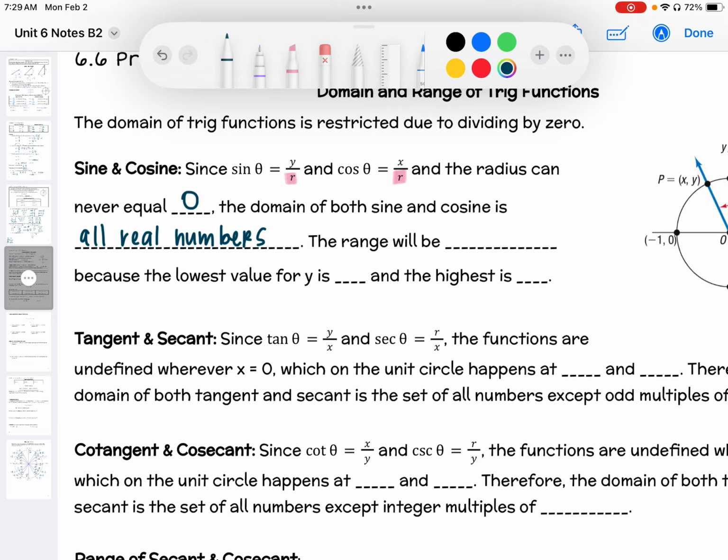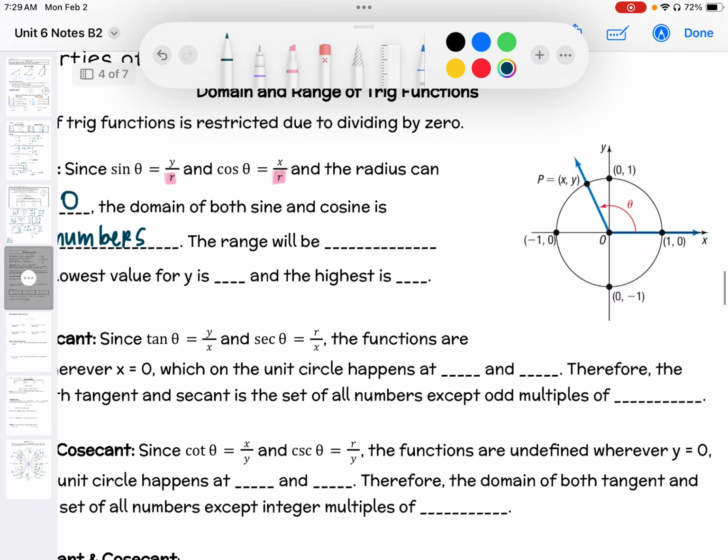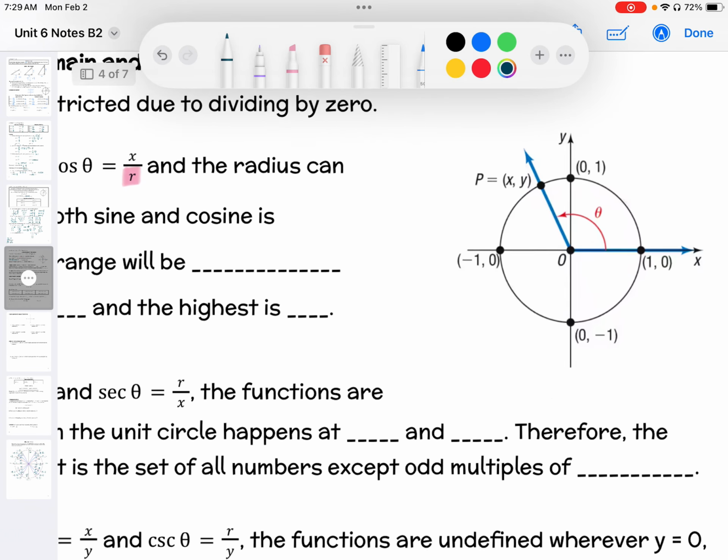And so the range, we want to think about what numbers we have as we go around the unit circle. So as we go through, we have all the values of 1/2, root 3 over 3, root 2 over 2, and those values just repeat. And then on the axes, we have 1 and 0.